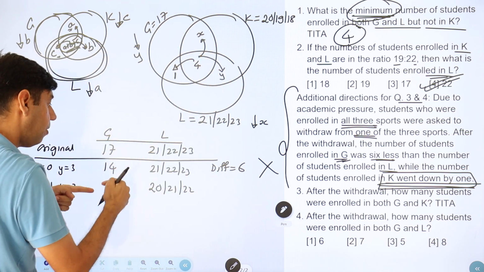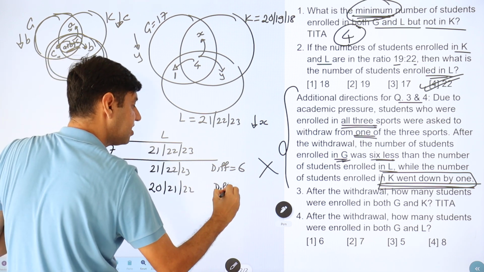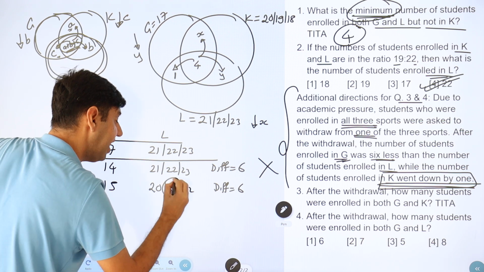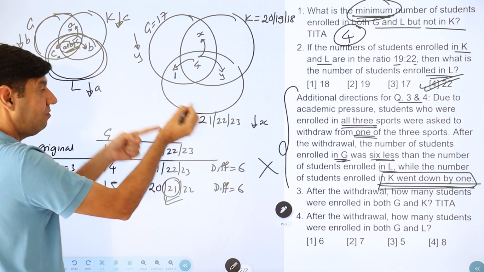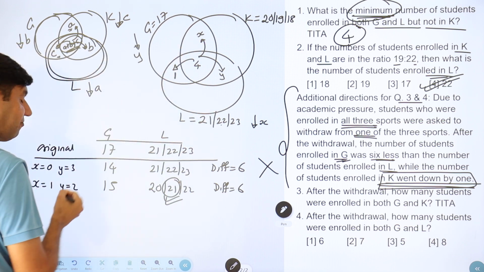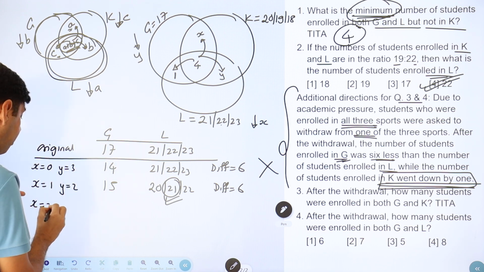Then 2 would have dropped here, so G would have become 15. And is a difference of 6 possible, students? 15 and 6 is 21. Yes, 21 is possible. We can always come down to how 21 it is, when originally it was 22, what values would make it 22. We can refer back. But continue.